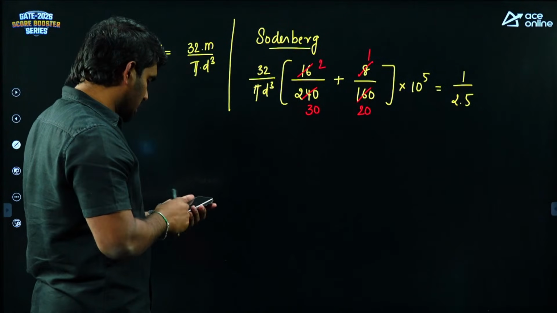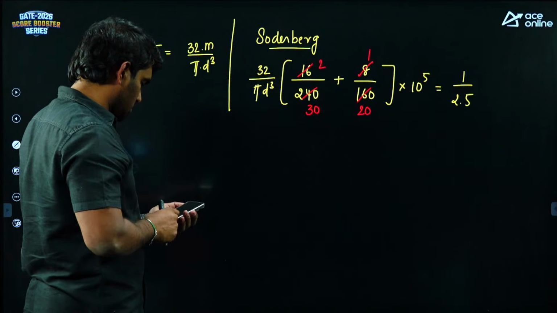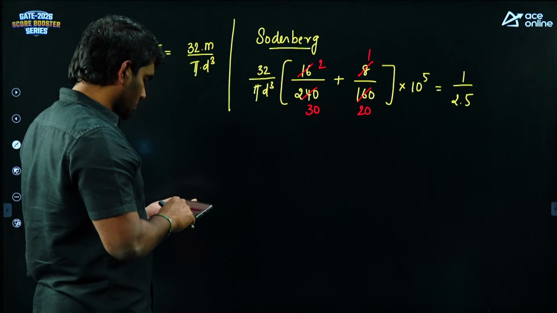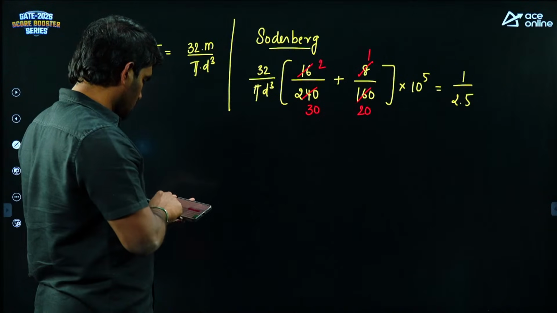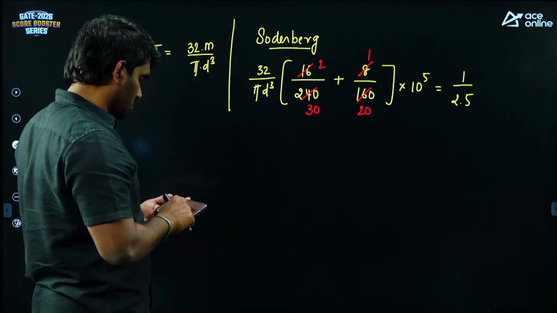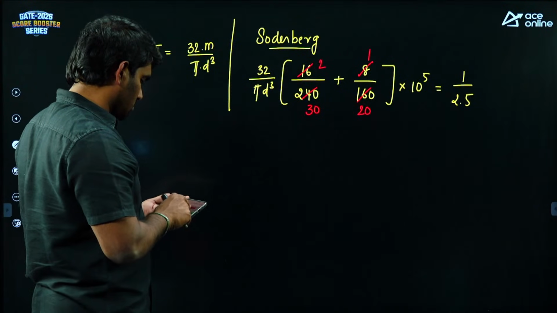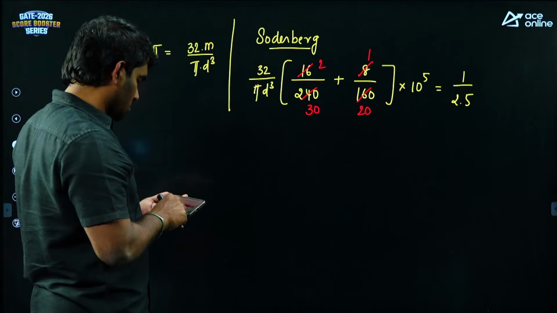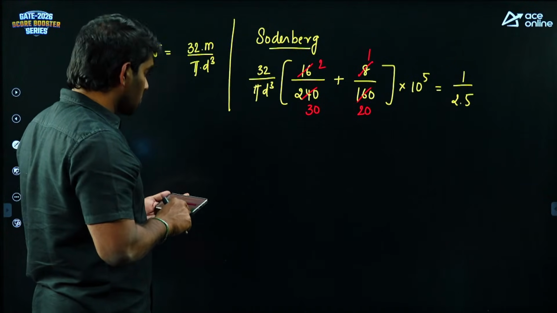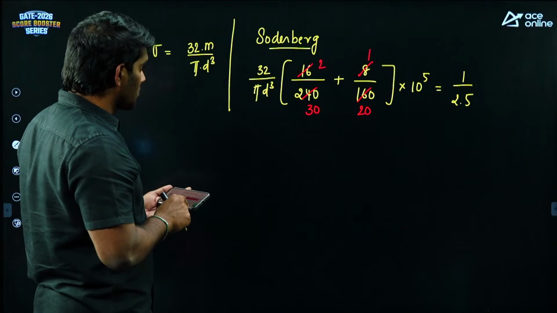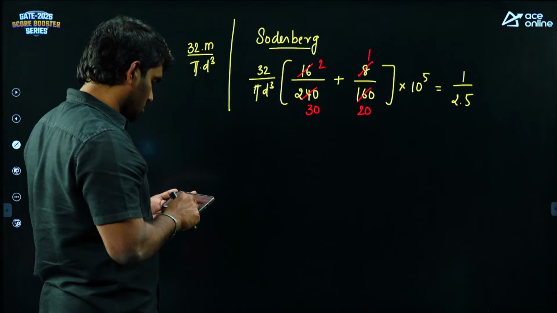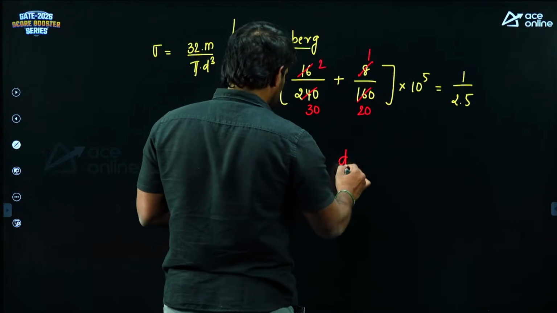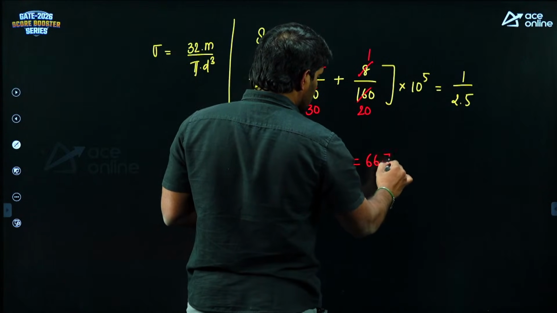So do this simple calculation and get the answer. The value of D comes out as 66.72 mm.